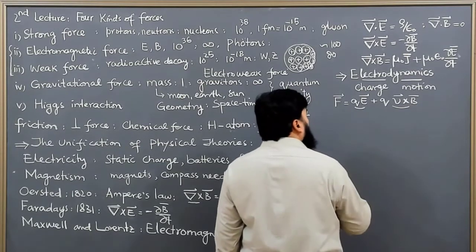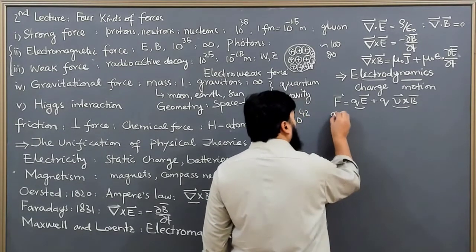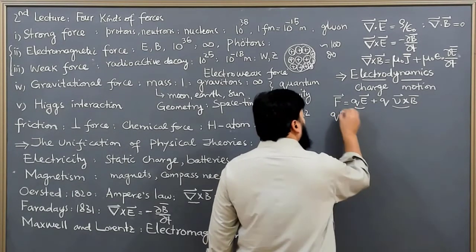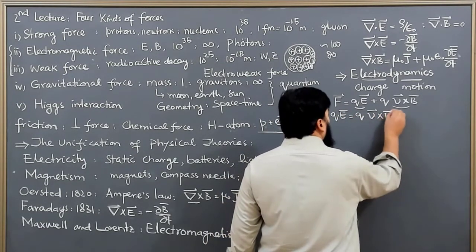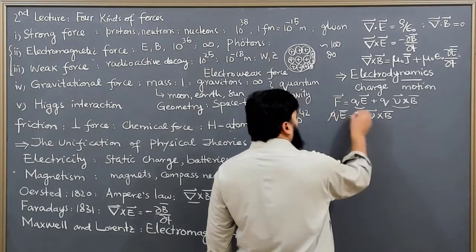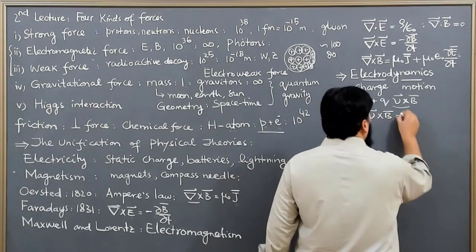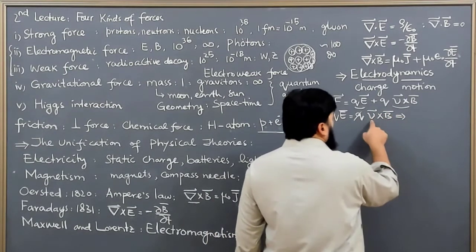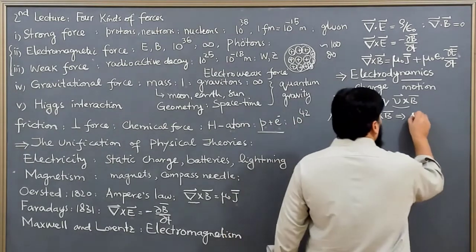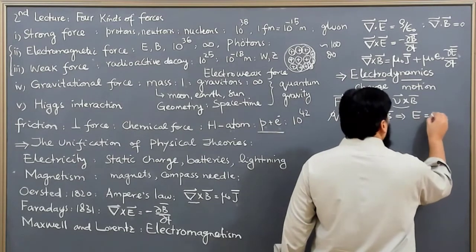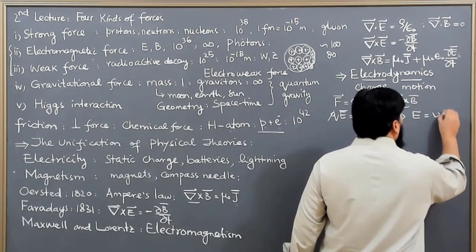If both the forces are equal, then I can write that QE is equal to QV cross B, and Q and Q are cancelling here, so I can write in scalar form, considering the particle moving perpendicular to the magnetic field, then electric field is equal to VB.